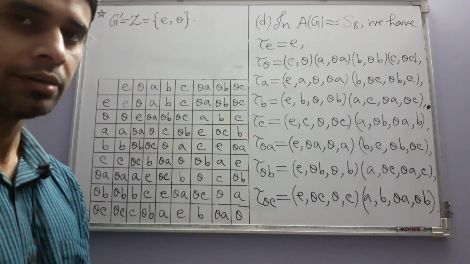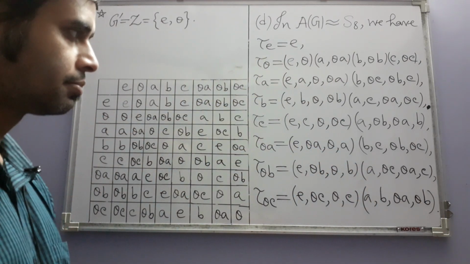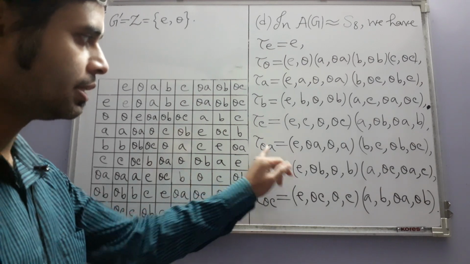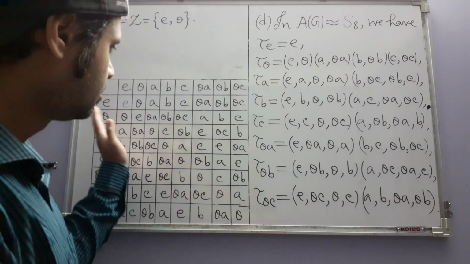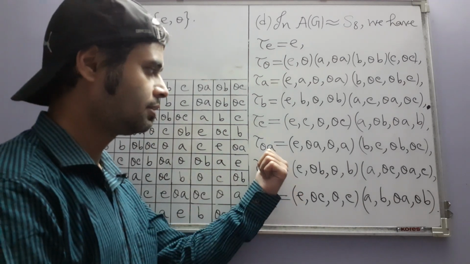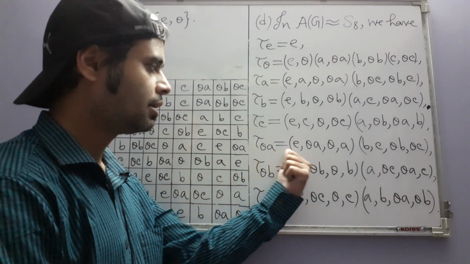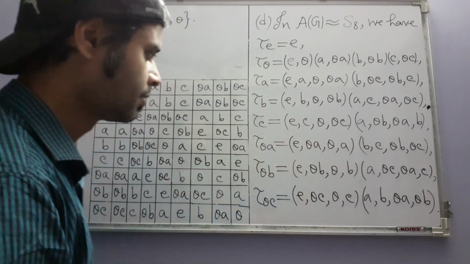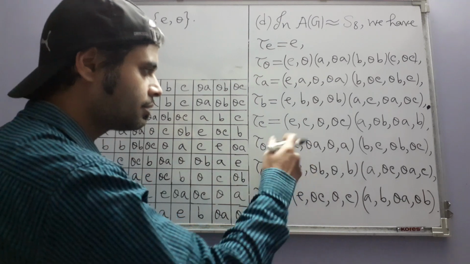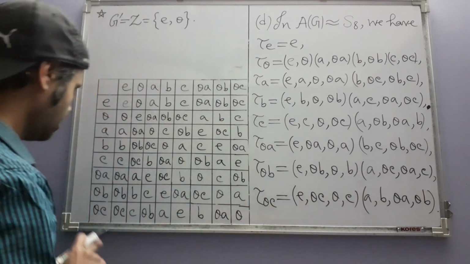Would you like to verify at least one? Let's verify tau theta A. That means we are multiplying every group element from the right side by theta A. We multiply E by theta A. E theta A is theta A, so E goes to theta A. Next, theta A, that means theta A square.